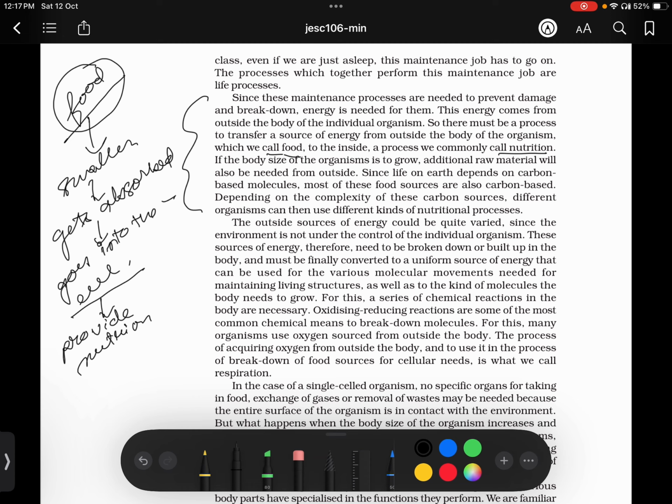From this paragraph, this is derived. Now, outside sources of energy can be quite varied since the environment is not under the control of the individual organism. The sources of energy therefore need to be broken down and built up in the body. As I have already mentioned, food is broken down into smaller particles.